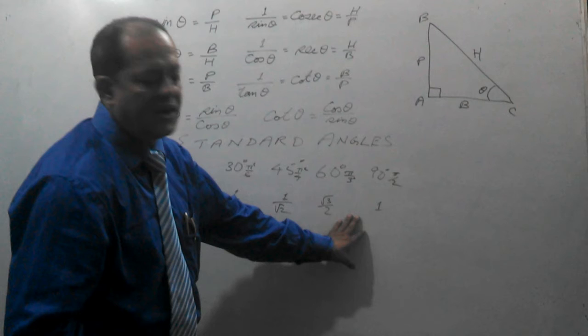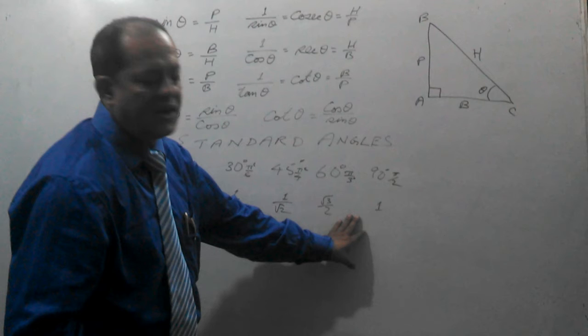So cos B gets cancelled, cos A gets cancelled. Here nothing gets cancelled, so it will be represented as sine A by cos A, which is tan A. This will be plus tan B. This will be 1 minus tan A tan B. Right?